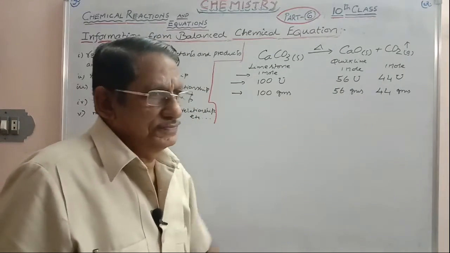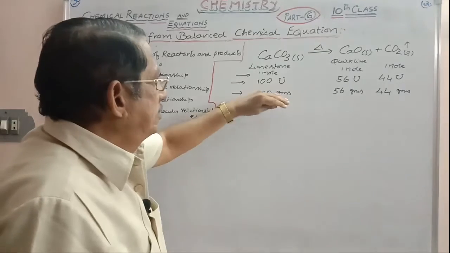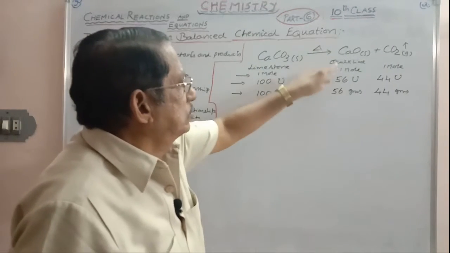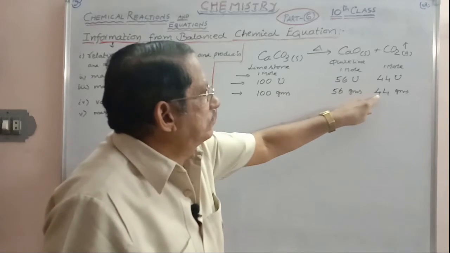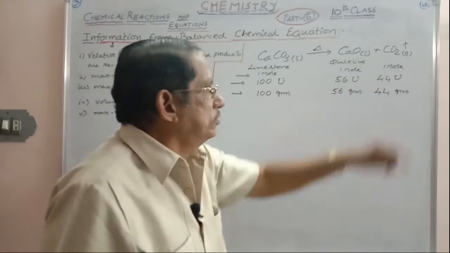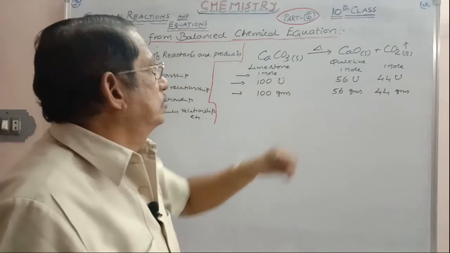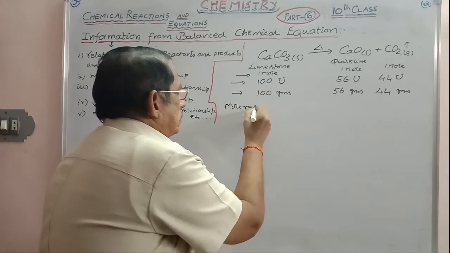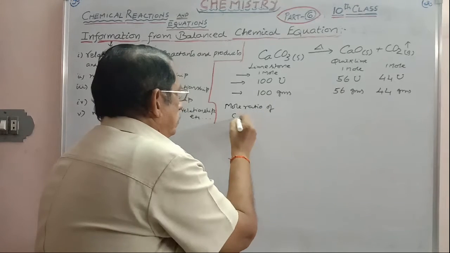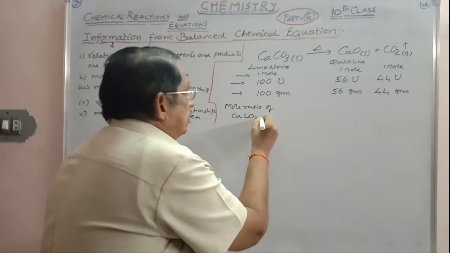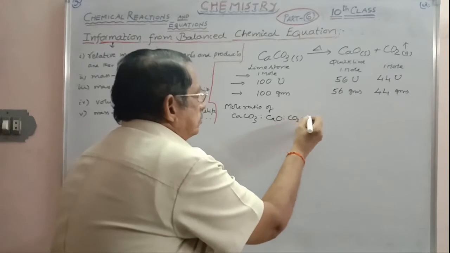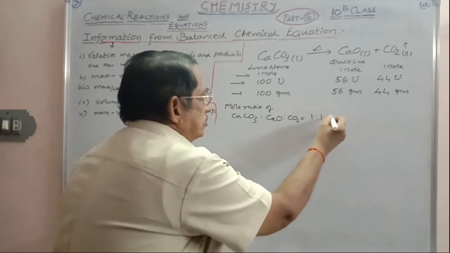This is another relation: 100 grams of CaCO3 is equal to 1 mole, 56 grams of CaO is equal to 1 mole, and 44 grams of CO2 is equal to 1 mole. If you take the mole ratio, how is that obtained? Mole ratio of CaCO3 to CaO to CO2 is equal to 1:1:1.